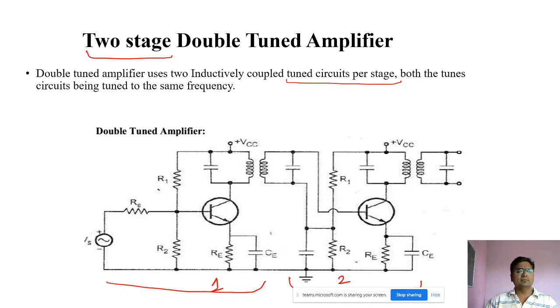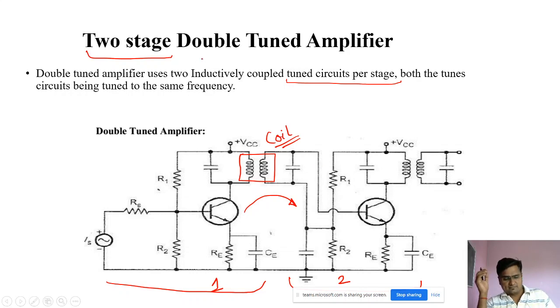The operation will be the same. Whatever output I am generating from stage 1 will be given to stage 2, not directly, but it is coupled through this coil or tank circuit, and that's why I'm calling it a two stage double tuned amplifier.